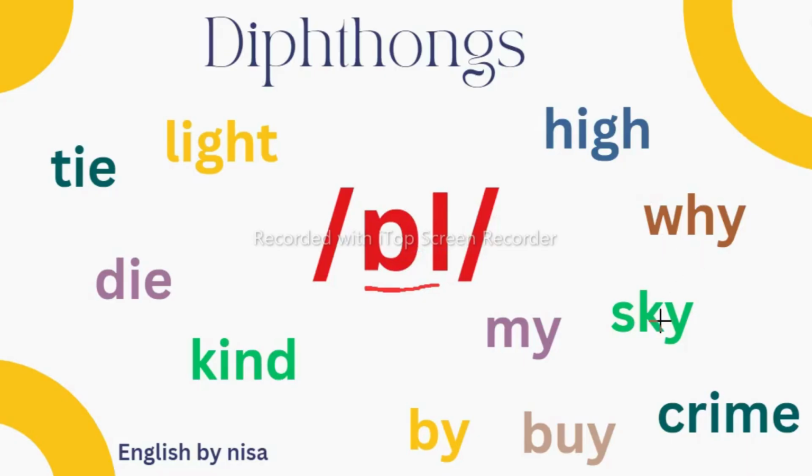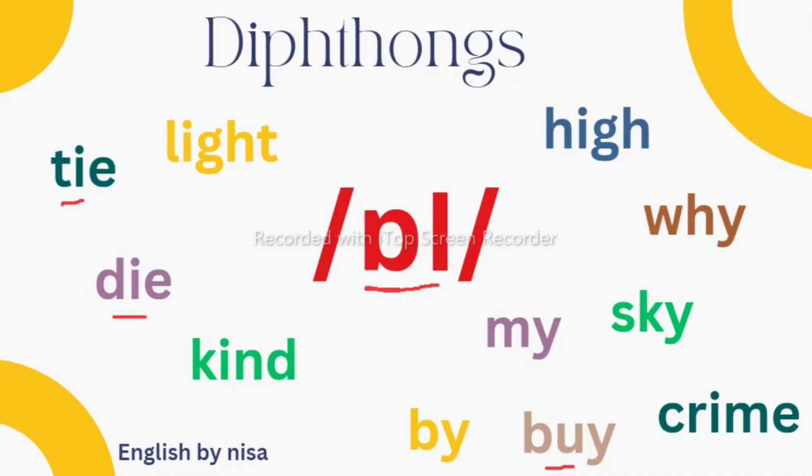In sky, my, the I sound is coming. This is the diphthong which produces the I sound, like in kind, die, tie, and buy. Here we are not concerned about the spelling but the sound. You have to choose your diphthongs based on the pronunciation.